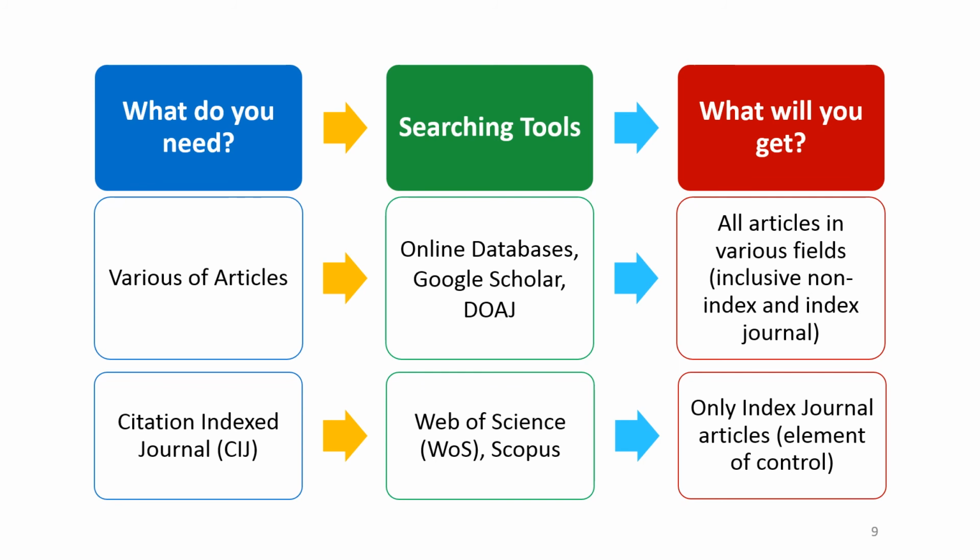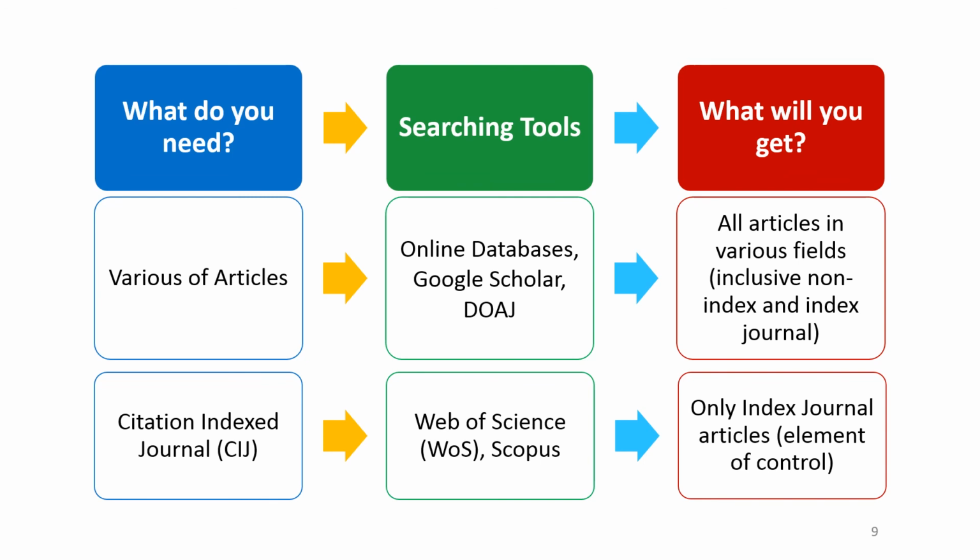This is one of the elements of control if you are performing a systematic review or meta-analysis. If you are using Google Scholar as the searching tool, you do not have to worry. You can filter non-indexed from indexed journals by yourself.